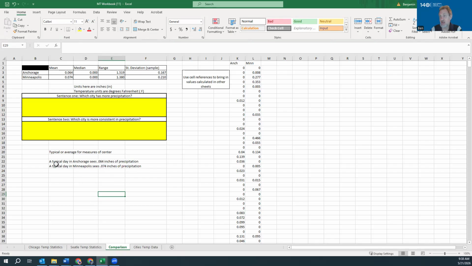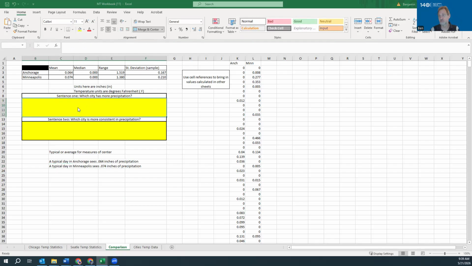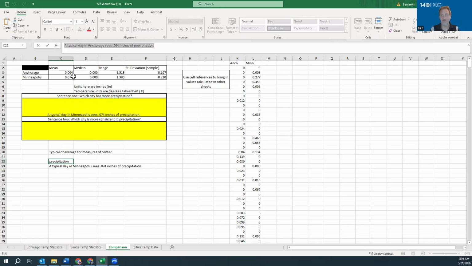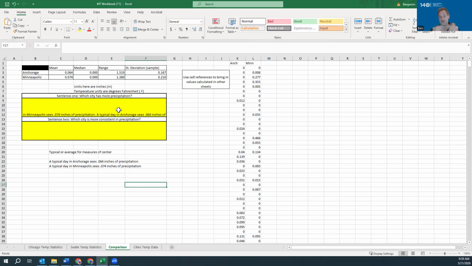So these two sentences actually could form a part of my answer to this question, right? And again, I'm going to copy and paste because I'm kind of a lazy guy. And then I'll do the same thing for here. I'm going into the cell to copy and then going into the cell to paste because you saw what happened when I did it the first time and didn't like what I was doing.